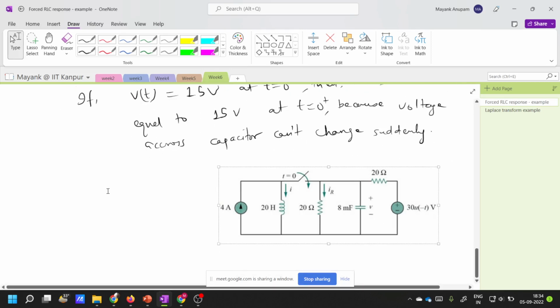Just as in a capacitor the voltage across it cannot change suddenly, similarly, through an inductor the current cannot change suddenly, right? So at t is equal to 0 minus, the current through the inductor was equal to 4 ampere, isn't it? So when it is connected in this fashion, all the current of 4 ampere is going to flow like this through the capacitor, through the inductor, right? Yes. Fine.